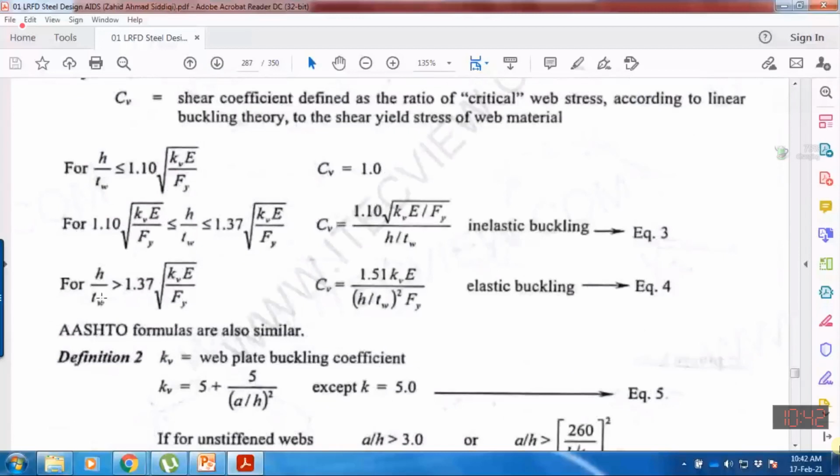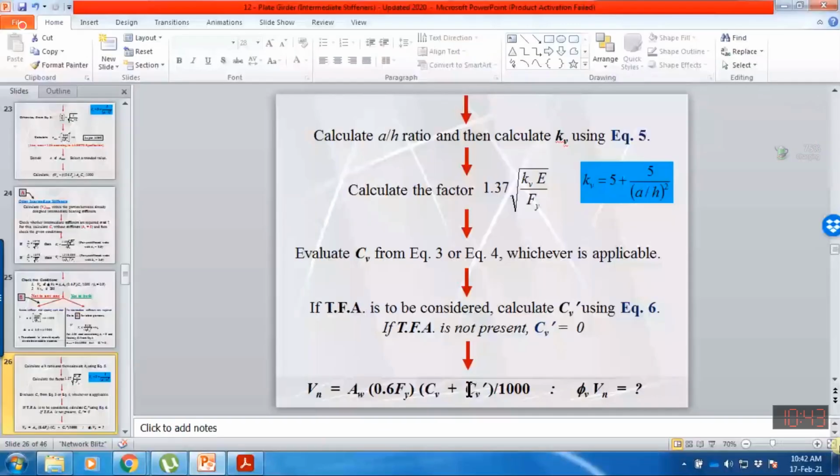If the height of the web over thickness of the web ratio is less than this parameter, then you will use equation number 3 for this CV value. And then if you know the CV value, you can determine the shear capacity by this formula. Since we have provided the intermediate stiffener, we can also consider the tension field reduction.